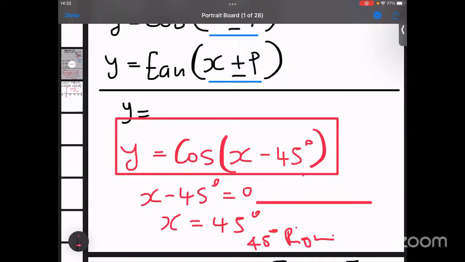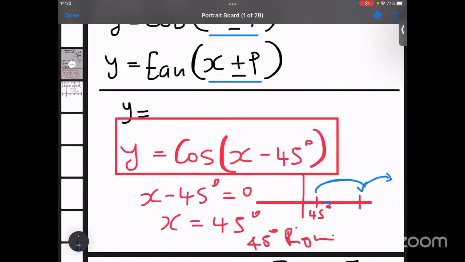On the Cartesian plane, it starts from 45. Then how do you know the next value that you should put there? That's when you continue by increasing with your critical value. That value of the critical point, you keep on increasing by that.